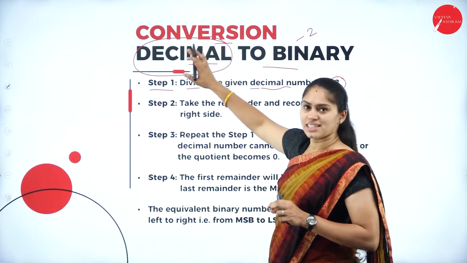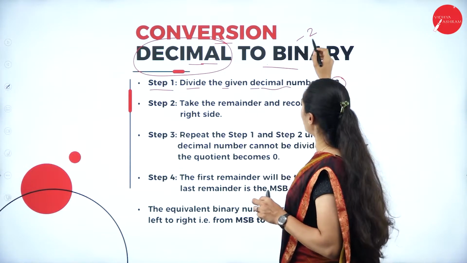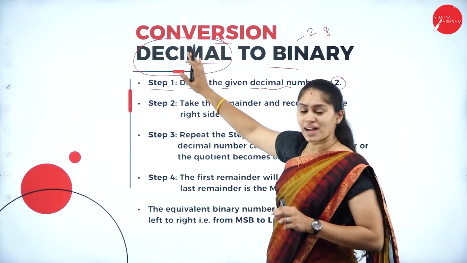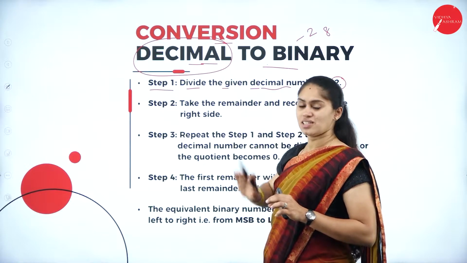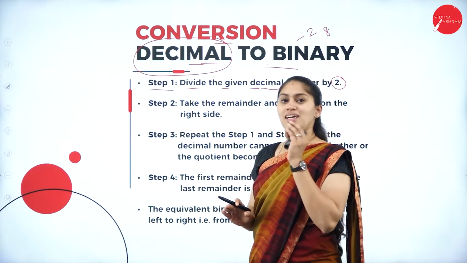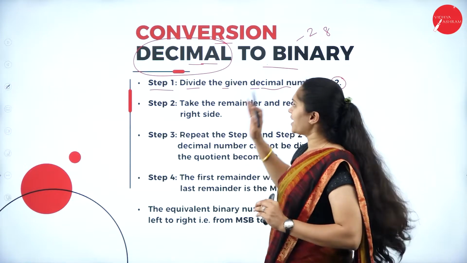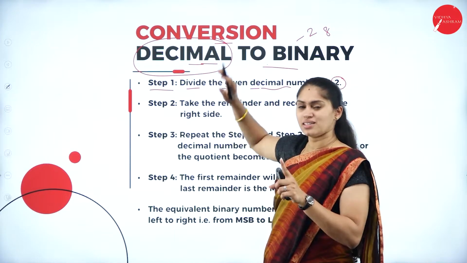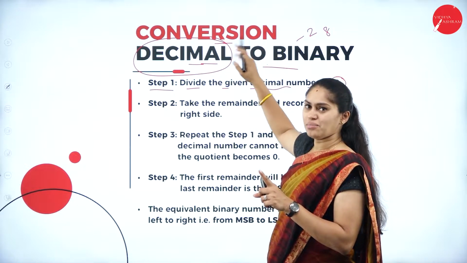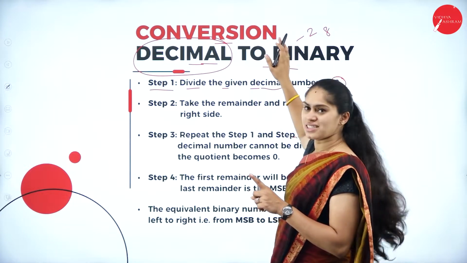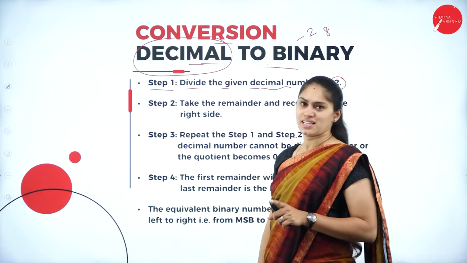If it is decimal to octal, then the base will be 8, so divide the given decimal number by 8. Decimal to hexadecimal, divide the given decimal number by 16. So if you are getting the word decimal first, then by that other number system's base you have to divide the decimal number.